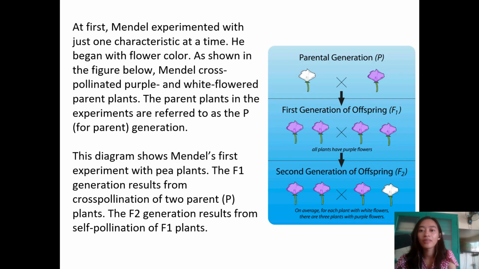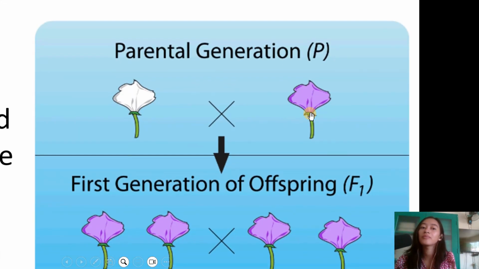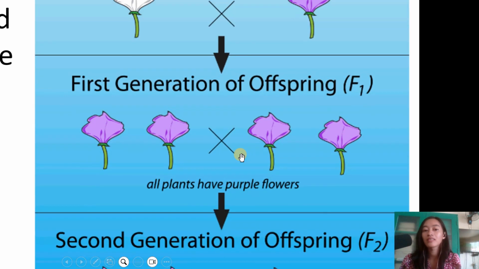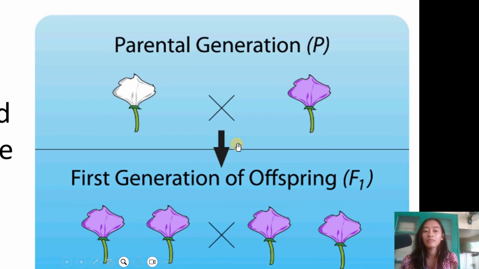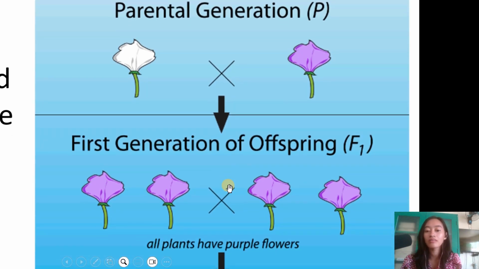For example, he bred pure white flowers and crossbred them with pure violet flowers, and in their offspring, they all had violet flowers.